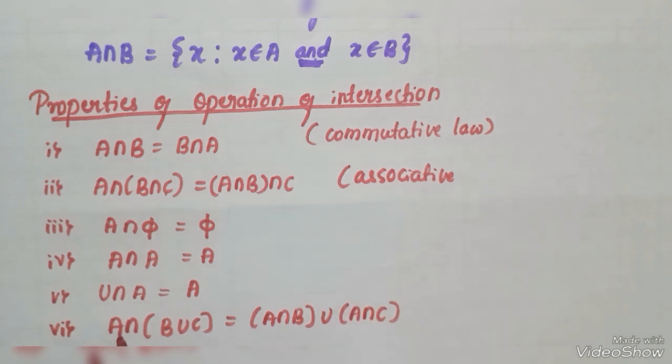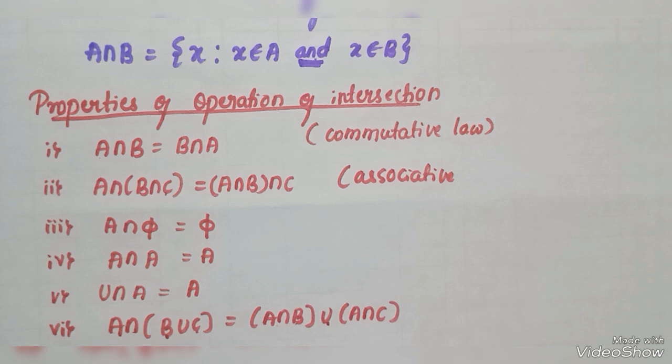It means the left hand side is always equal to the right hand side. Here we have to consider A intersection B, now union, then again A intersection with C. Okay, these are the properties of the operation of intersection.